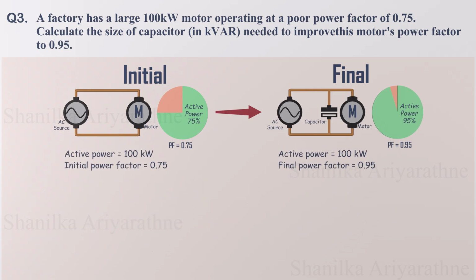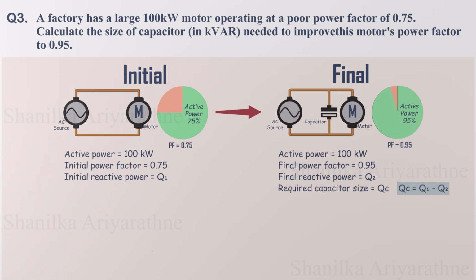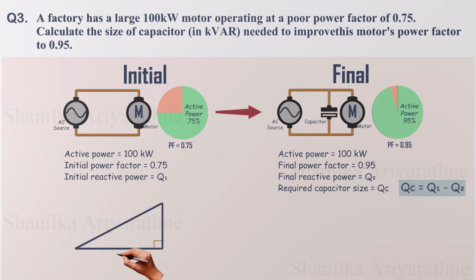So how do we find the perfect capacitor size? Here's our plan. If the initial reactive power is Q1 and the final reactive power is Q2, the size of capacitor's reactive power we need, QC, will be equal to Q1 minus Q2. So we have to find the reactive values Q1 and Q2. To find the reactive powers, there are several methods. Let's draw the power triangles.